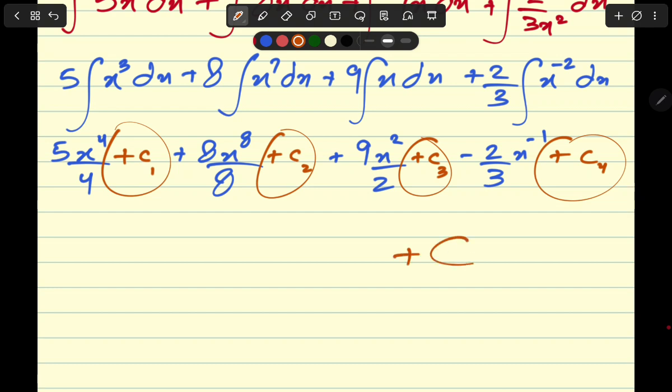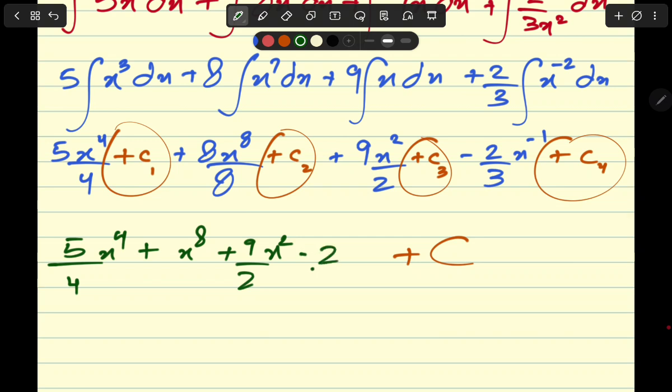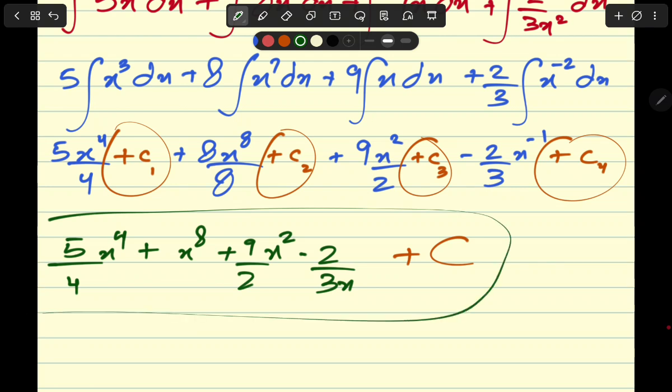So I can just rewrite a large capital C, right? So now this is going to become 5 upon 4 x^4 plus x^8 plus 9 upon 2 x square, and then minus 2 upon 3x, and then a constant of integration, right? So that's your integral, okay?